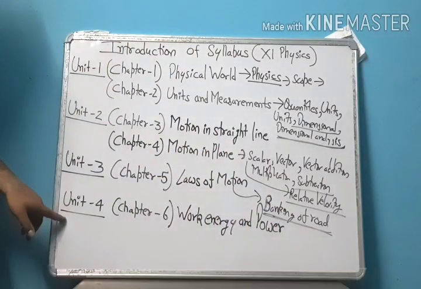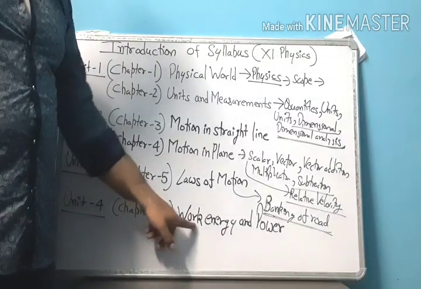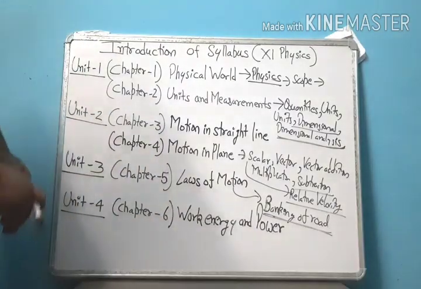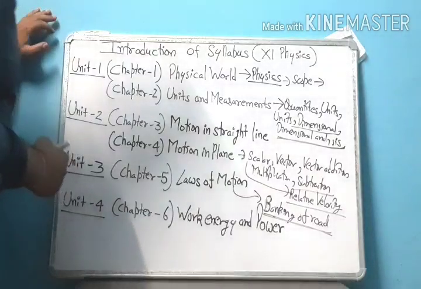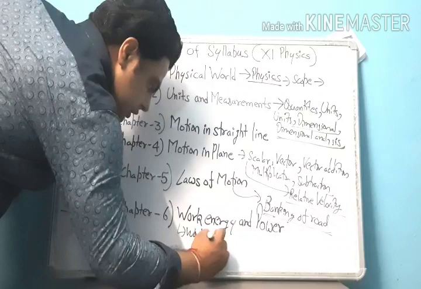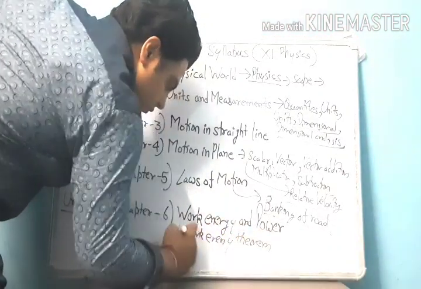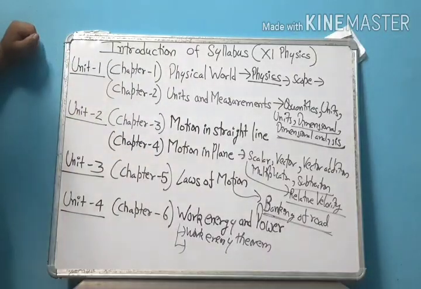Now moving on to unit number 4, that is chapter number 6, work, energy and power. In this we have to study the major topic, the work-energy theorem. What is the work-energy theorem? What is the applicability of the work-energy theorem?